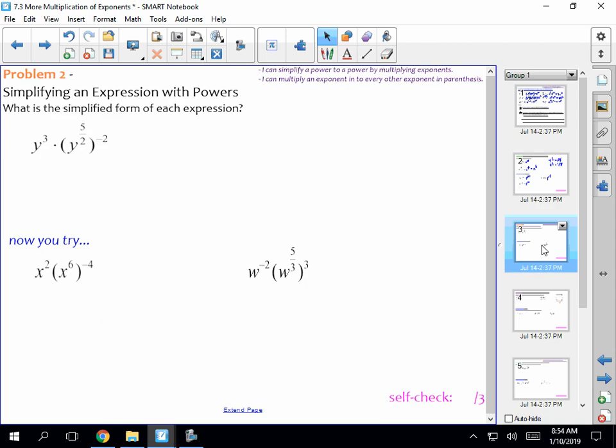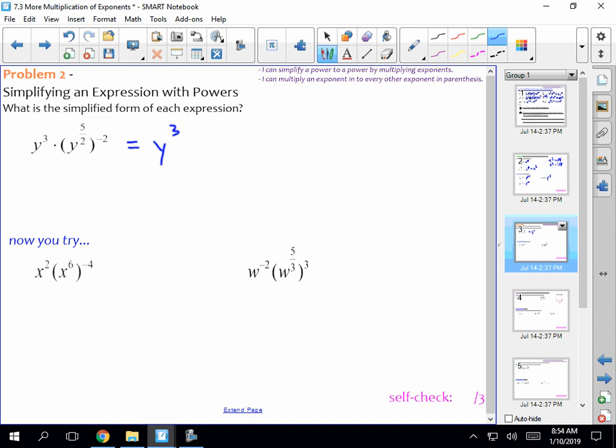Right, so here we have kind of a mixture of things going on. So we're going to use this new rule that we just learned, which we could write up here. We have a to the m all to the n. It's a to the m times n power. And then we're going to combine it with other rules here. So here's what I mean by that. First rule, I'm going to just copy down the y to the 3rd. Not going to do anything with that yet.